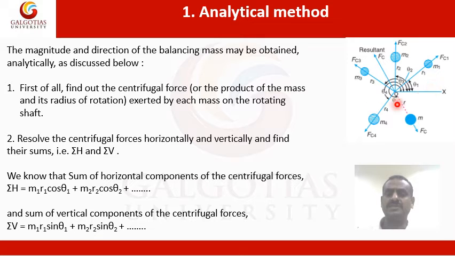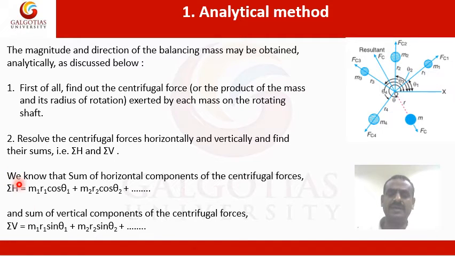So what we are doing is resolving the forces along the horizontal component and also resolving the forces along the vertical component for all the masses. We are resolving the forces along the horizontal axis and also along the vertical axis.